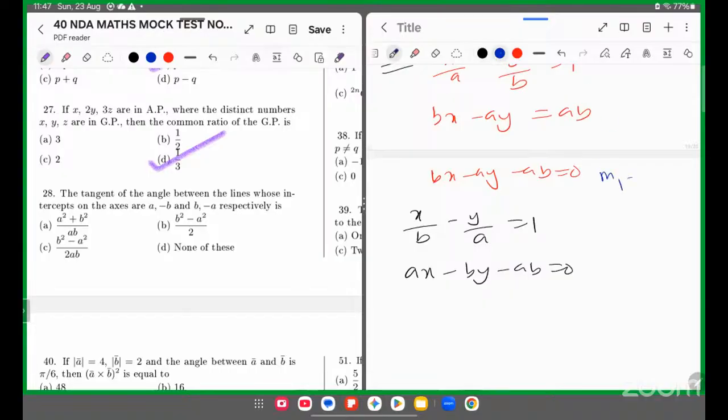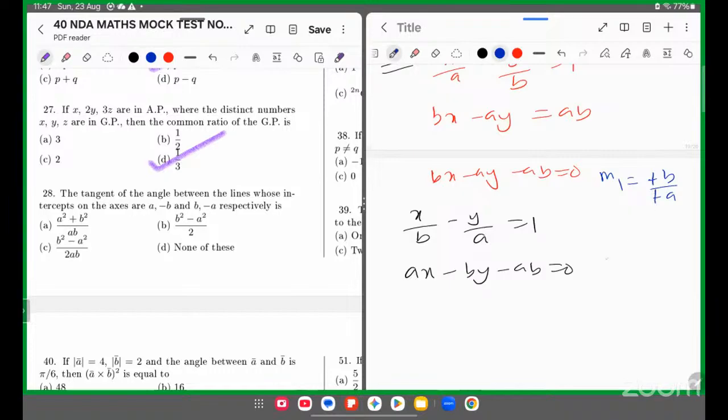So here the slope is minus coefficient of x by coefficient of y. So minus a by b means minus b by minus a by b.